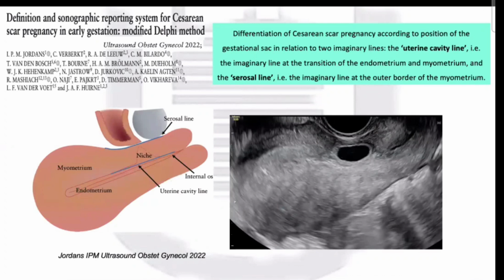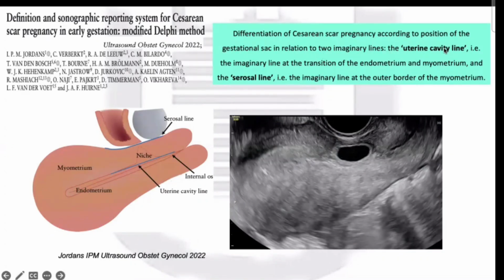And to better define this protrusion inside the cavity or inside the myometrium, there was a recent consensus which describes this more exactly, using two types of line.